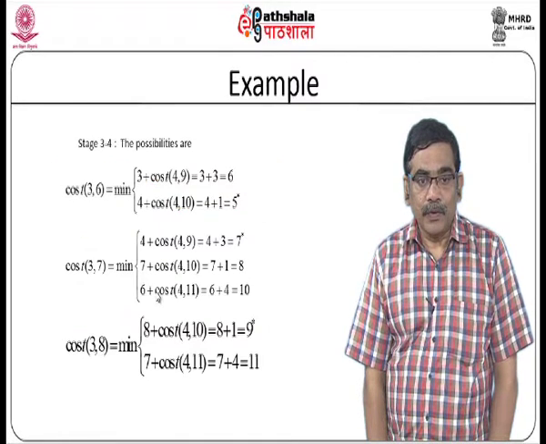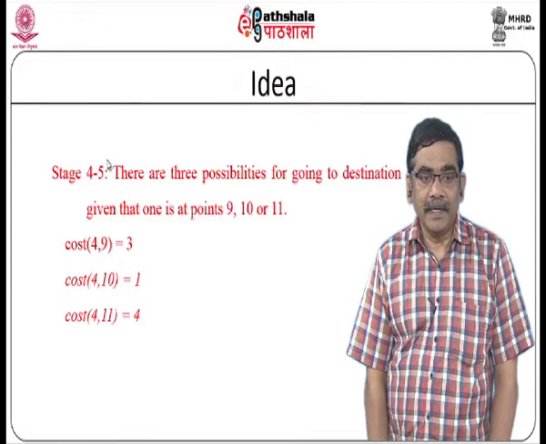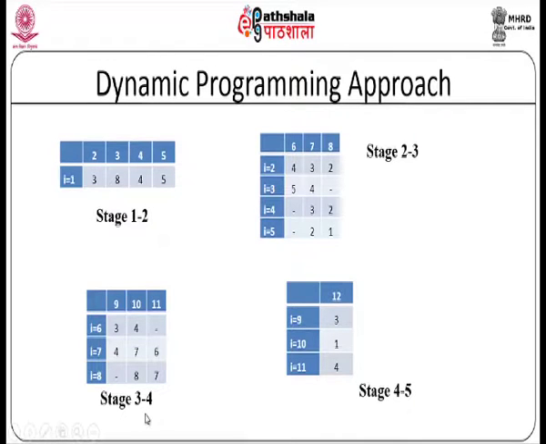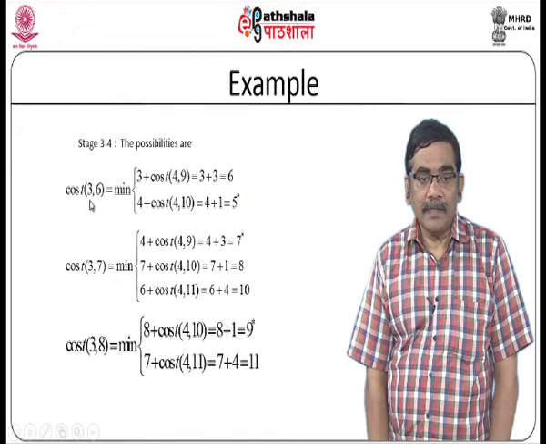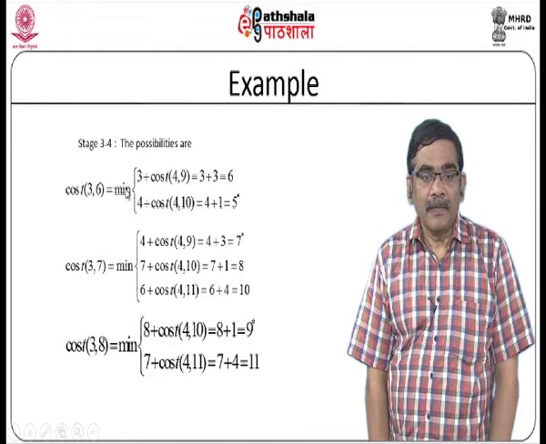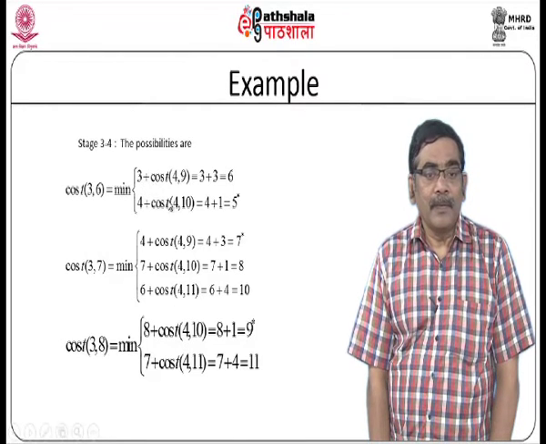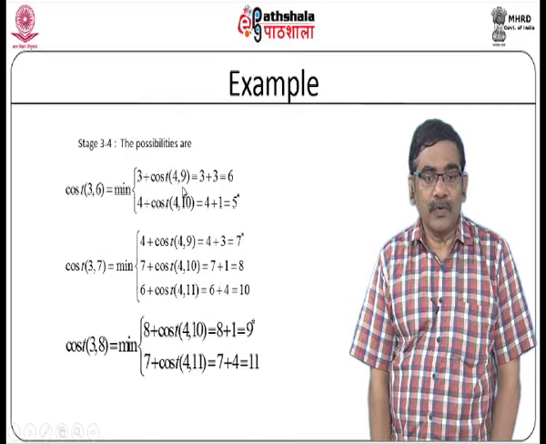Okay. So, now we proceed to the next immediate stage, that is going to be stage 3 to 4. In 3 to 4 you can see very well this is stage 3. So, we have to compute the cost of 3 comma 6, 3 comma 7 and 3 comma 8. So, cost of 3 comma 6 is nothing but the minimum of cost 3, and we have to see from stage 4 to 9.